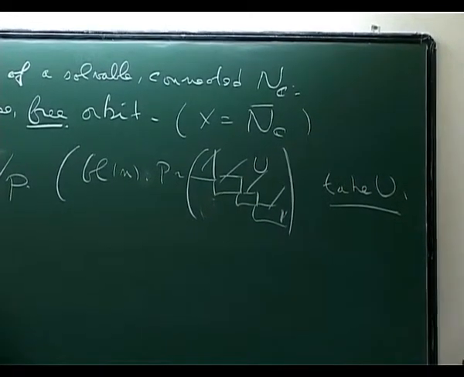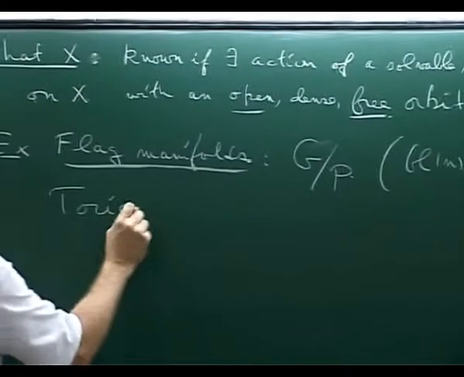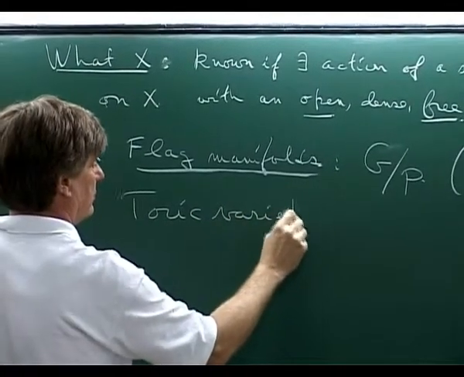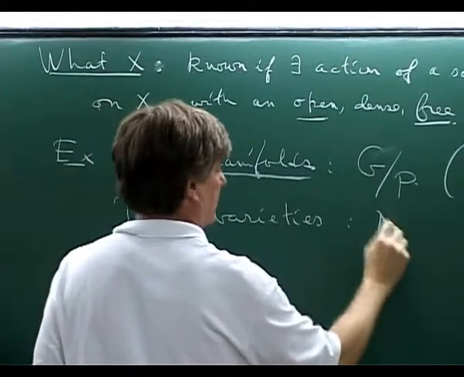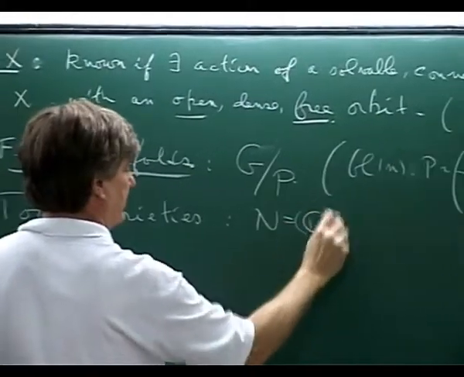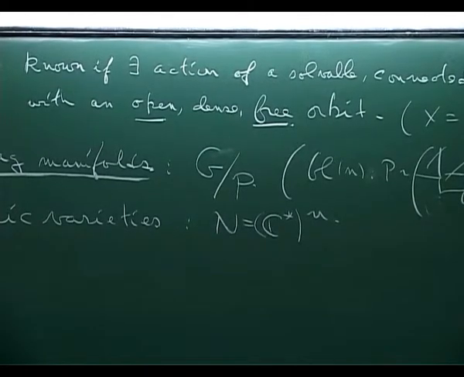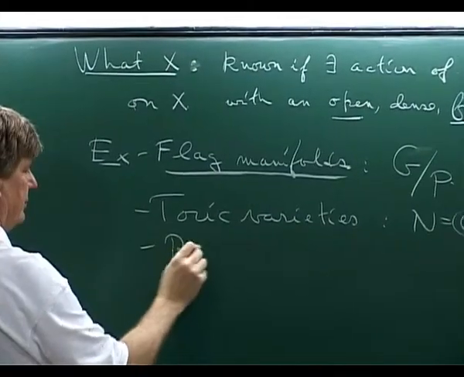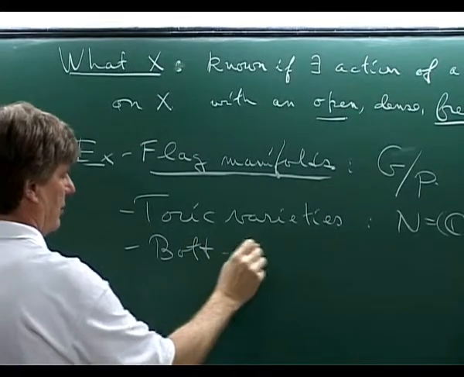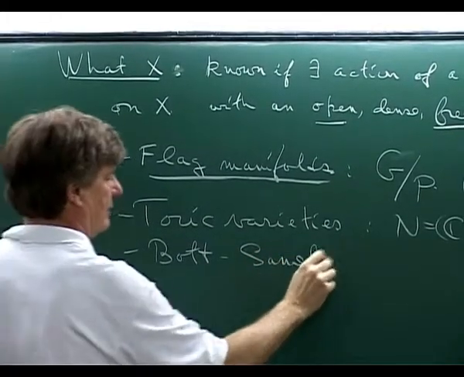Okay, second example, toric varieties. And so N is just C star to the n. There are things called Bott-Samuelson varieties.